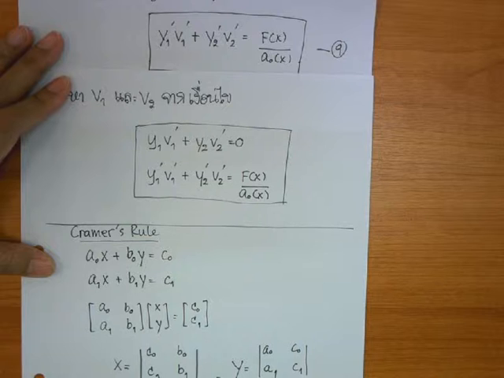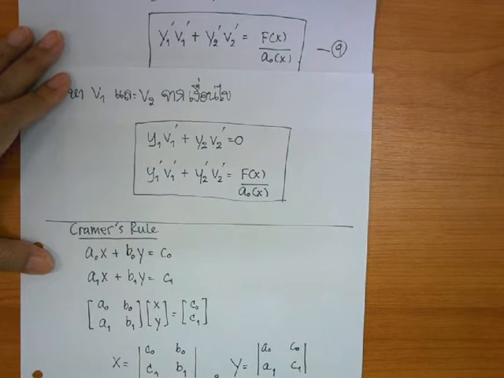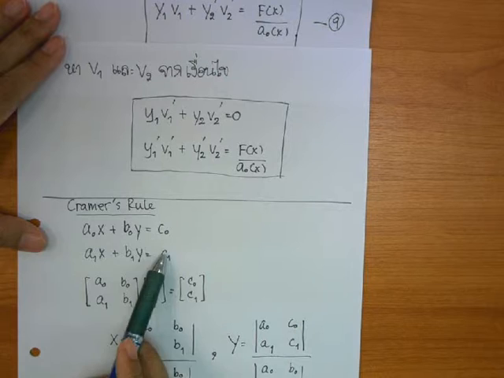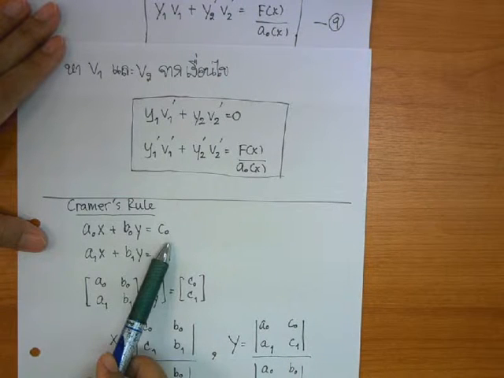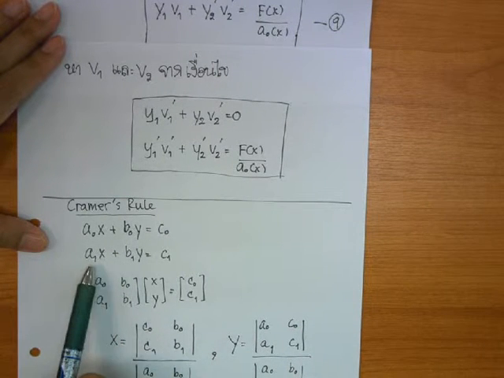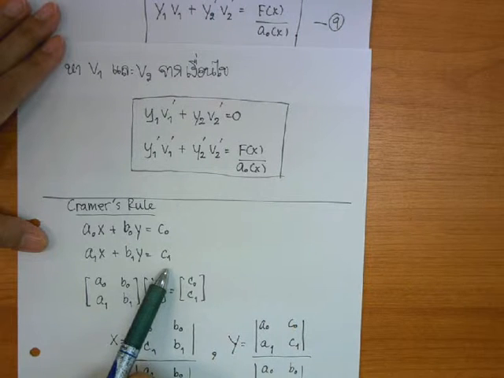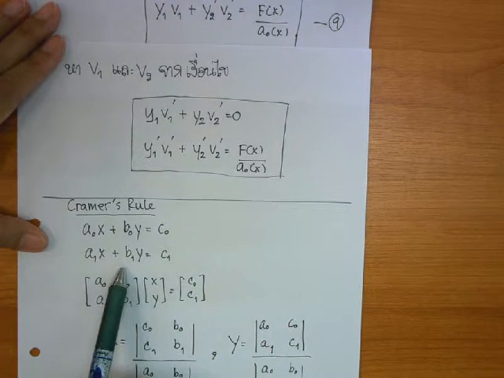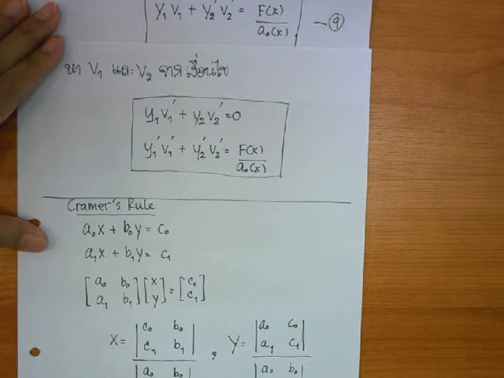It is in the matrix subject. If we have two equations like this, a0, b0, c0 are constants. a1, b1, c1 are constants. So you have x and y, two unknowns, and two equations.